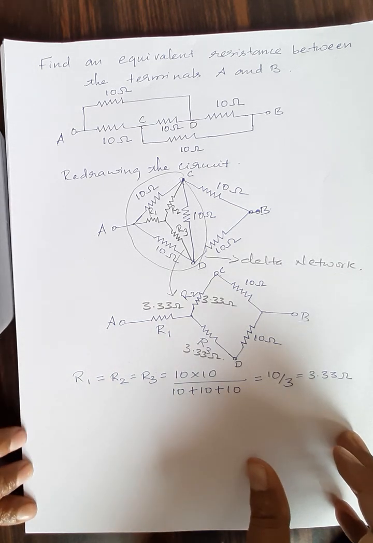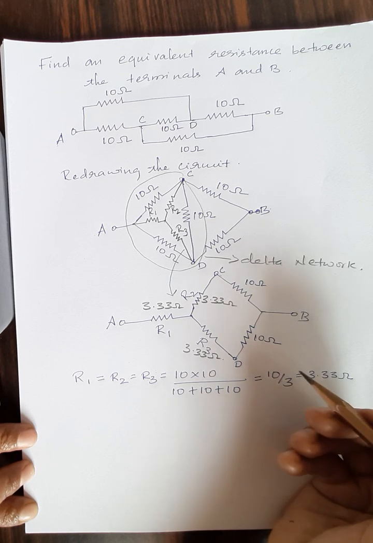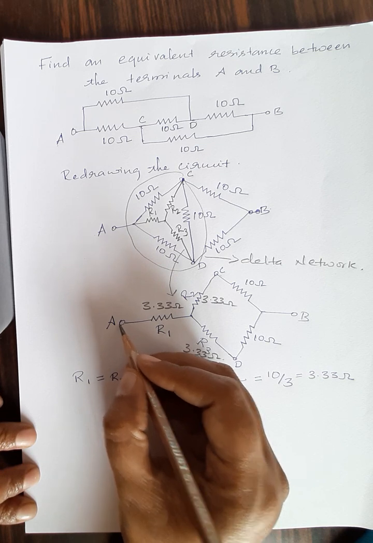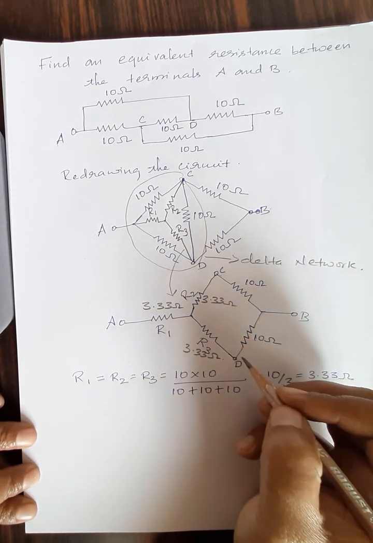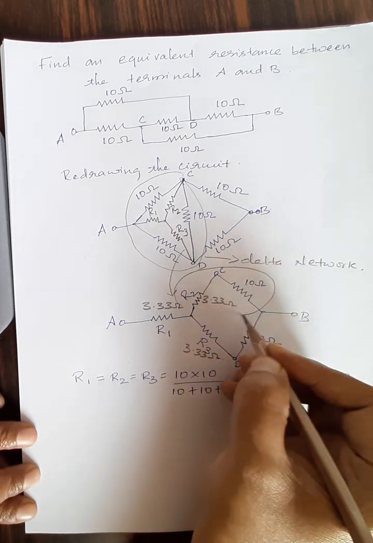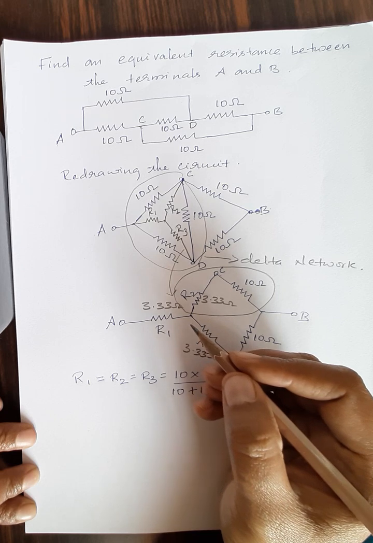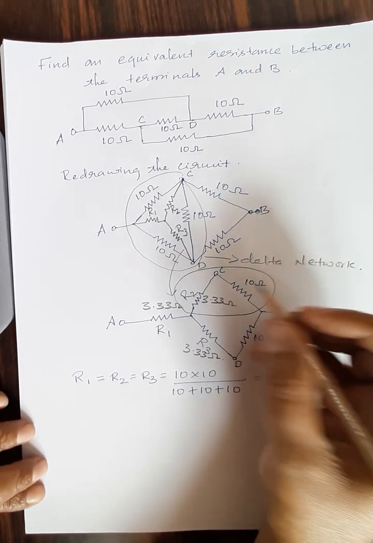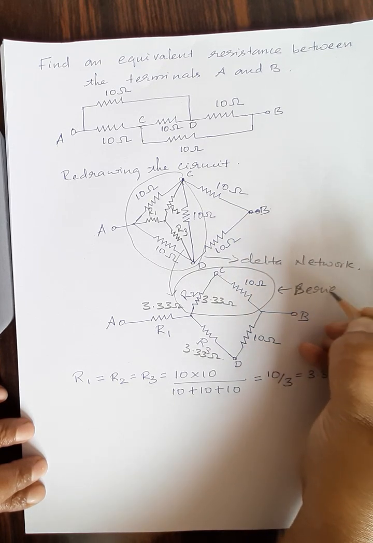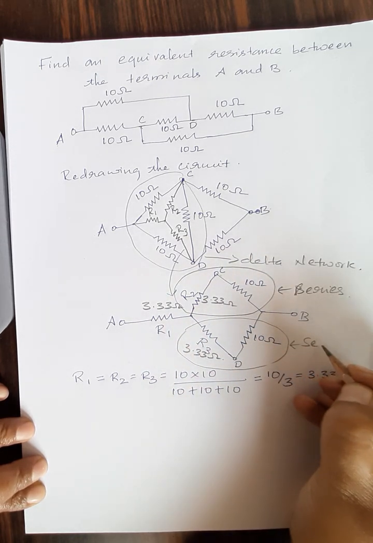Next, observe the circuit and how I can simplify. Now you have to check for parallel and series combinations. Since you are finding the resistance across terminal A and B, C and D will be just dummy nodes. So here this 3.33 and 10 ohm form a series combination, and these two resistances will also form a series combination.